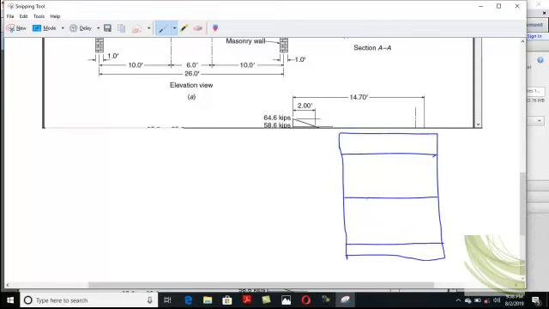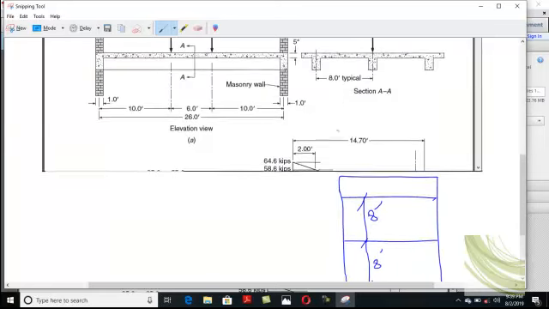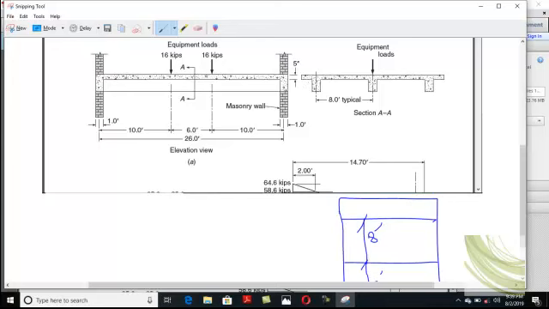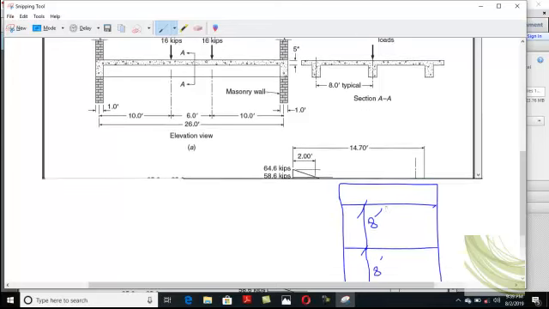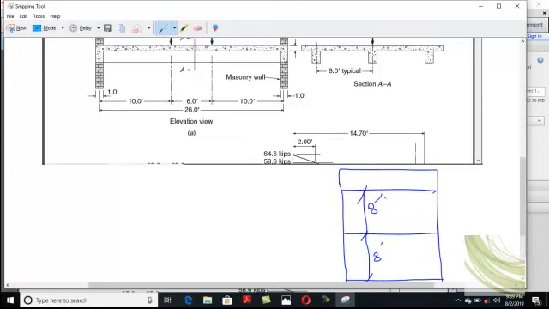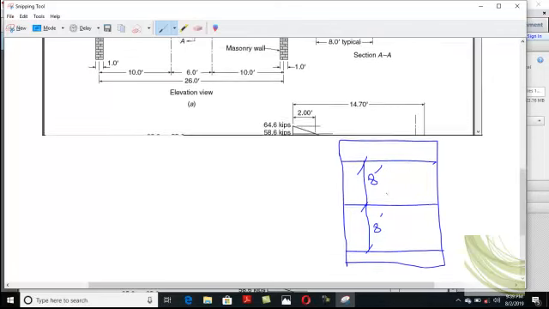The center to center distance of these T-beams is kept equal to 8 feet. This is 8 feet, this is 8 feet. And there is a little bit of cantilever portion as well.